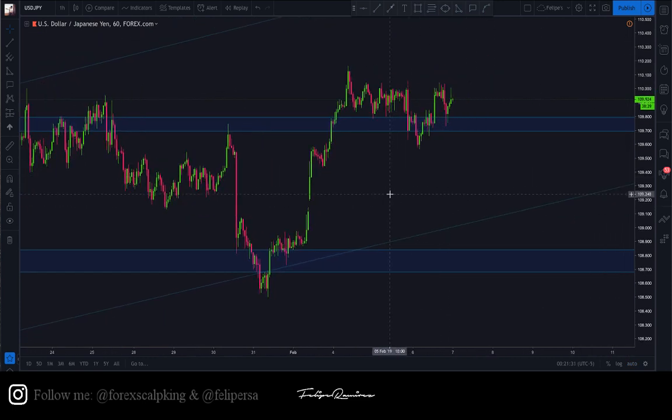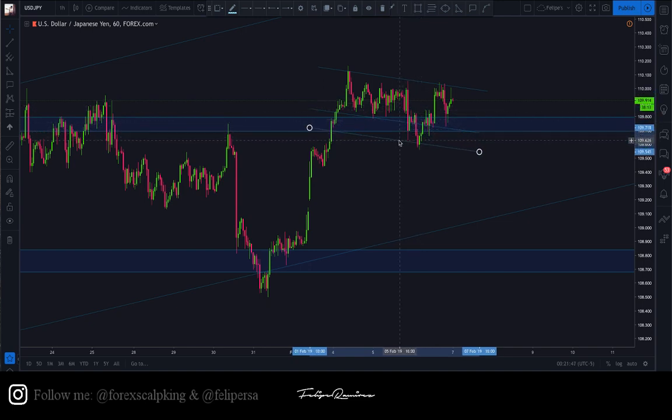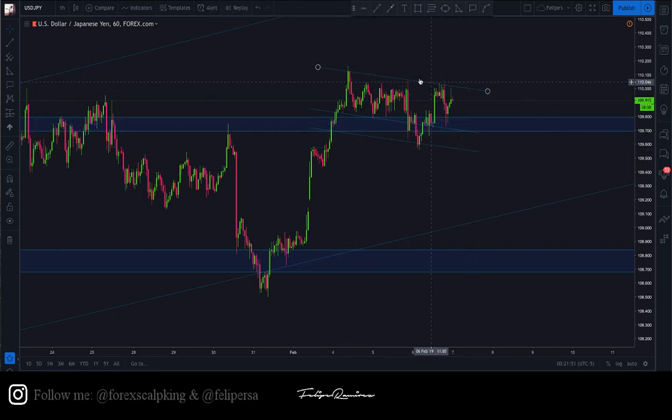But I don't want you to see that only. I want you to see another interesting pattern, which is called a flag. Here's your flag. I'm gonna copy and paste that line, and I'm gonna put one right here, and then another one right over here. Notice how we've got this range now after a big push.